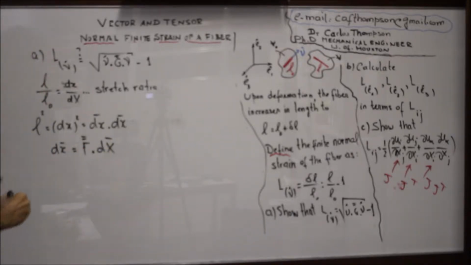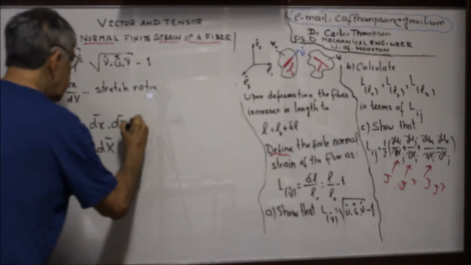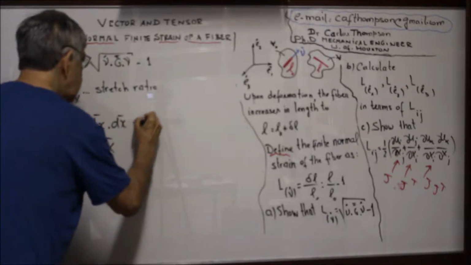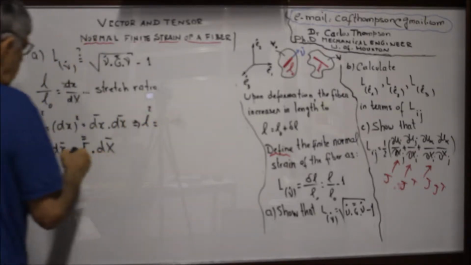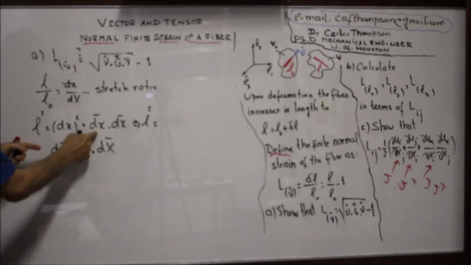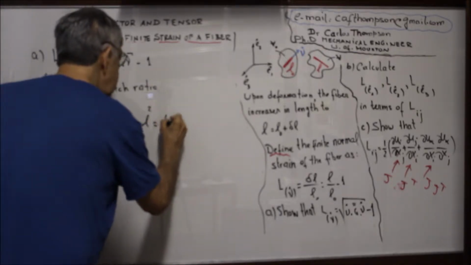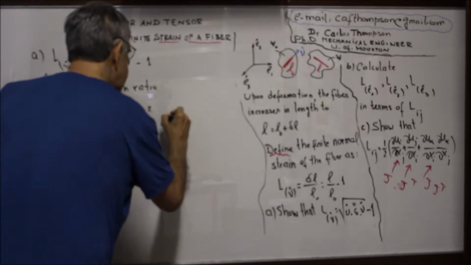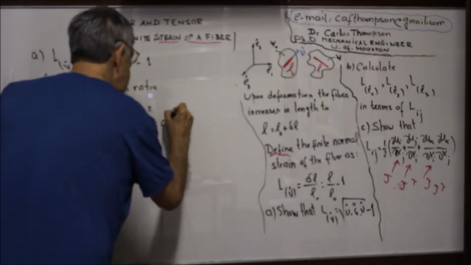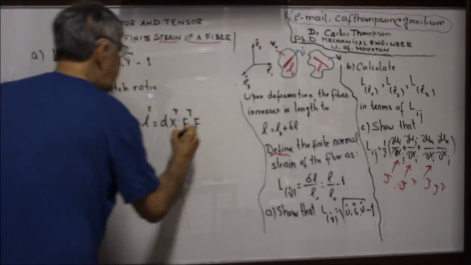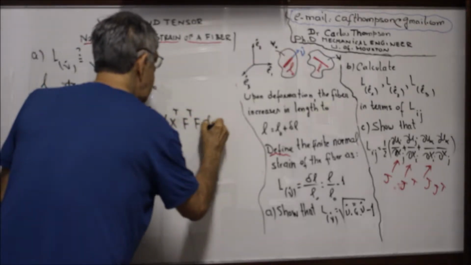Now let's substitute over here, so L square is equal to the transpose of the small dx, which is dX transpose F transpose F dX.